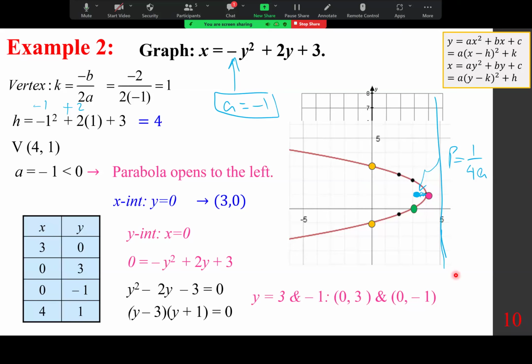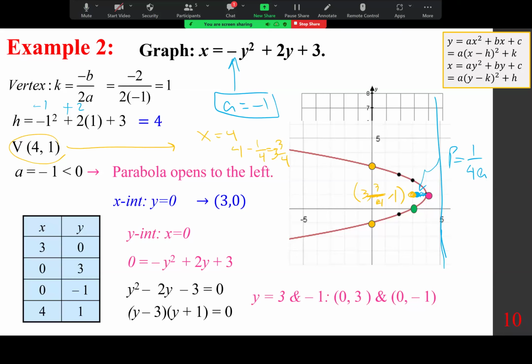So from the vertex, the x coordinate is 4. If I subtract 1/4, I get 3 3/4, and 1.